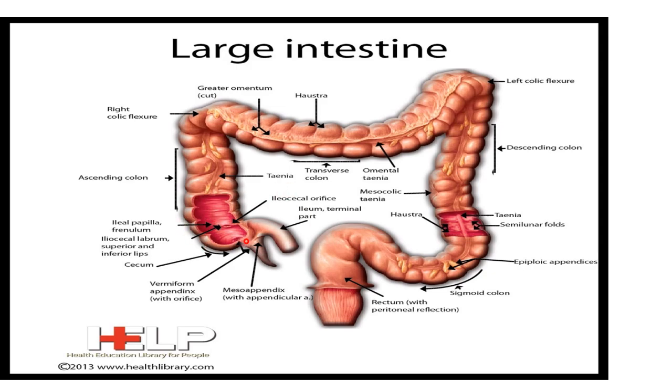The cecum leads to the colon, which can be divided into the ascending colon, transverse colon, descending colon and sigmoid colon. The compartments formed by the muscles are called haustra, which are helpful for the movement of food inside the large intestine.